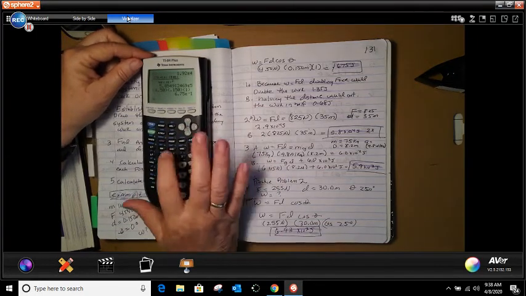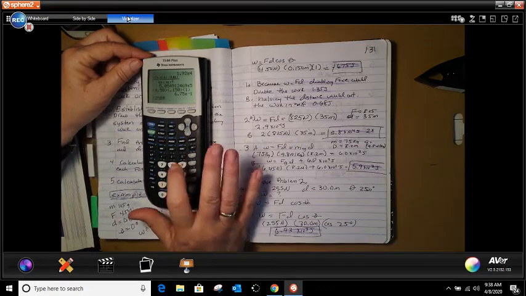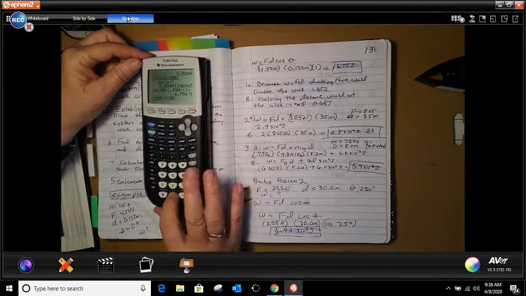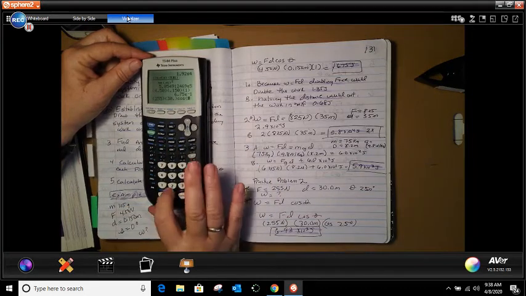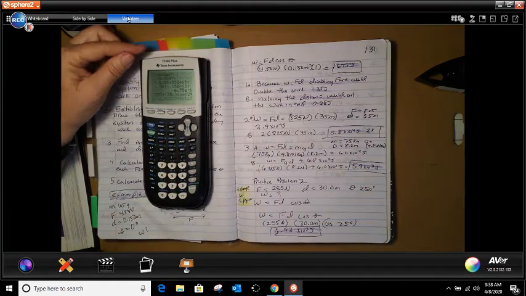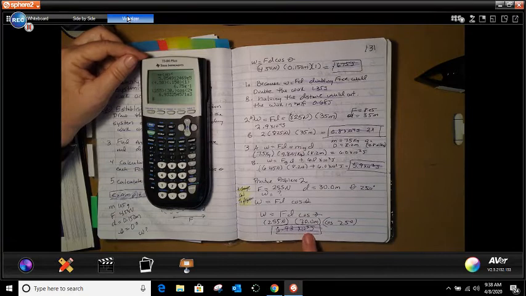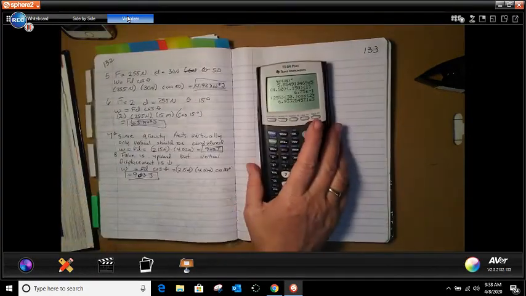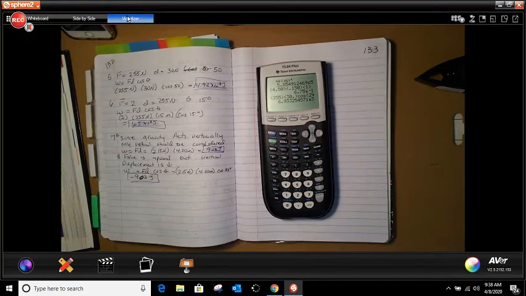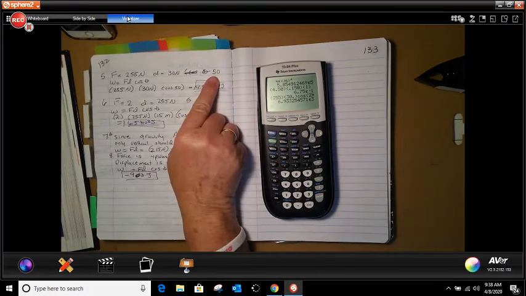Then we have open bracket, 255, close bracket, open bracket, 30, close bracket, and then cosine, 25, close bracket, enter, and I get 6.9 times 10 to the third joule. Number 5 tells us if a sailor, example problem 2, pulls the same force through the same displacement, but the angle is now changed to 50, how much work?